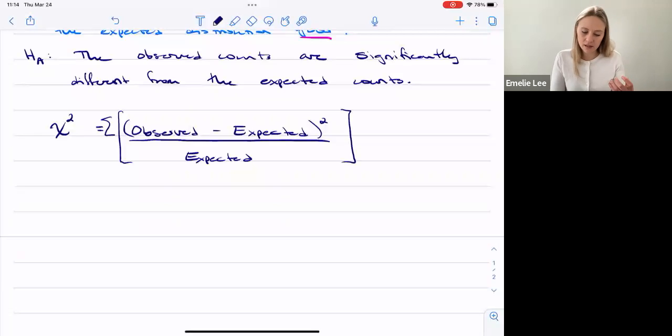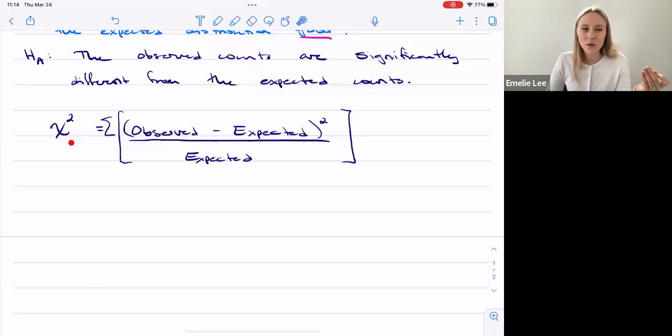So each cell has an observed count and an expected count. So then you take the observed minus the expected, you find that distance, and then you square it. That amplifies larger distances. And then divide by the expected because that's translating to the spread. And then we can add all those up. And then that's your chi-squared test statistic.